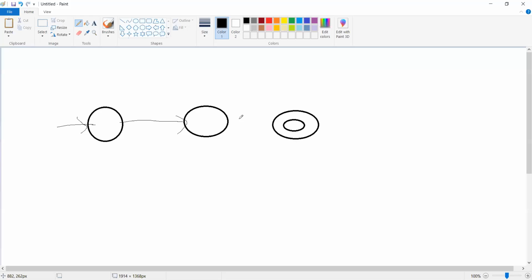We have some transitions like this: on input 0, 1 I have some transition, and this one also, on input 0, 1, has some transition.